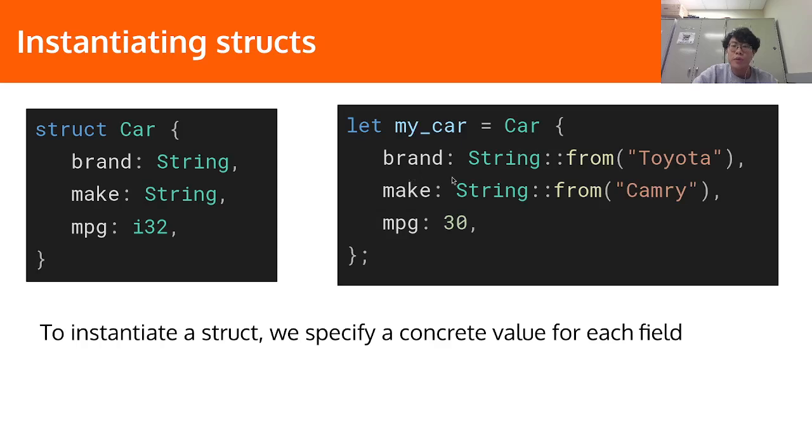For brand, since this is a string, we use String::from, and here I use Toyota, and for make, String::from Camry. For brand and make, since they are type String, we need to do the string initialization. And for MPG, since it's an integer, we can just type the integer 30. So to instantiate the struct, we just specify a concrete value for each field.